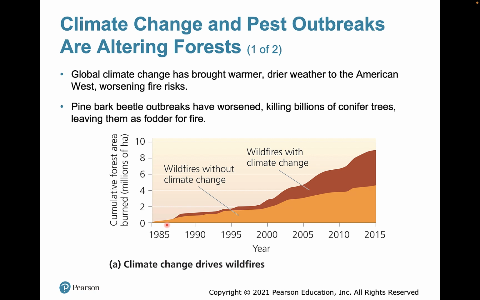Because a lot of the trees are all the same age, because the weather is warm and dry, it causes these pine bark beetles to just explode and eat like locusts all over everything. So they kill billions of conifer trees, pine trees, which makes them standing dead material, which is like the perfect fuel for fire outbreaks.